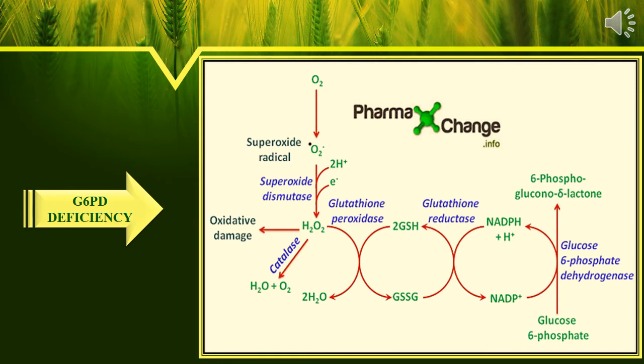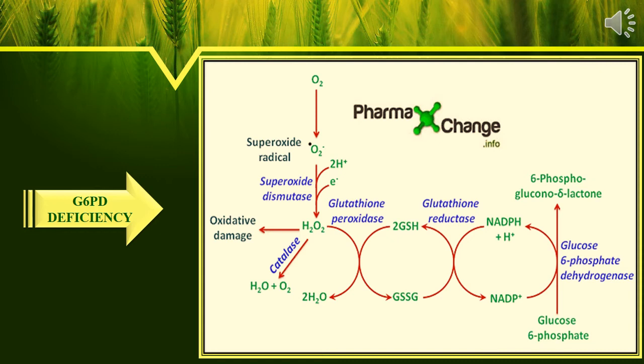Coming to glucose 6-phosphate dehydrogenase deficiency, let's see the role of NADPH in it. Observe the reaction where glucose 6-phosphate dehydrogenase is involved in the conversion of glucose 6-phosphate to 6-phosphogluconolactone. So this enzyme uses which type of coenzyme? NADP plus, which is reduced to NADPH when glucose 6-phosphate dehydrogenase is present.